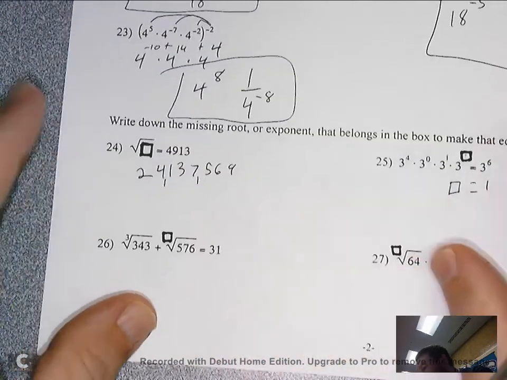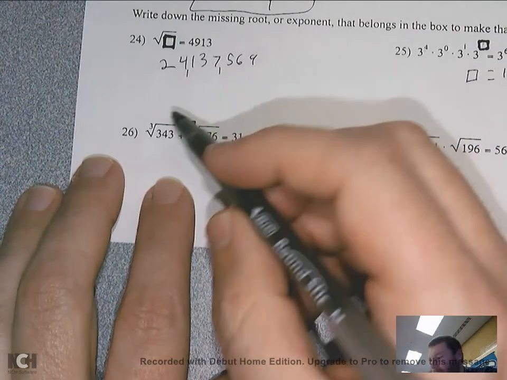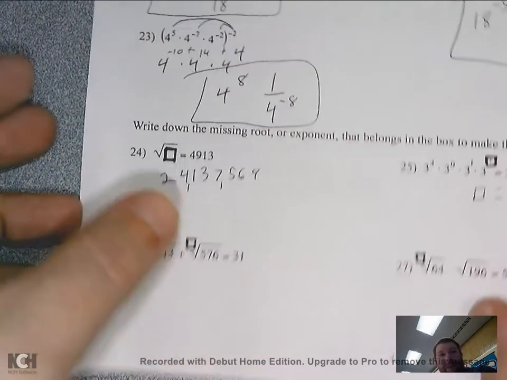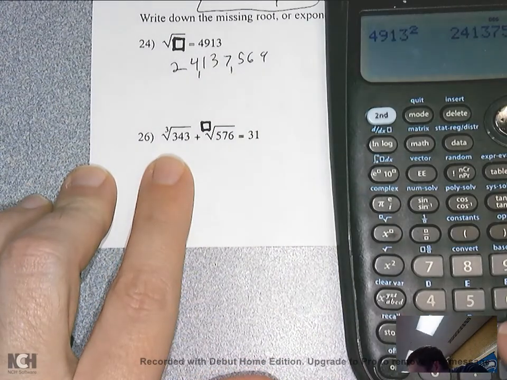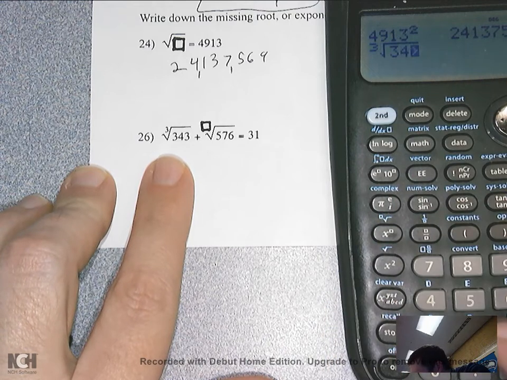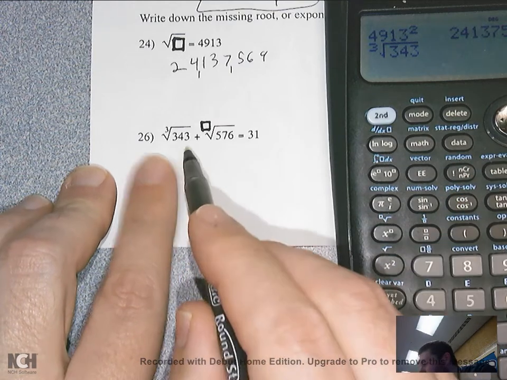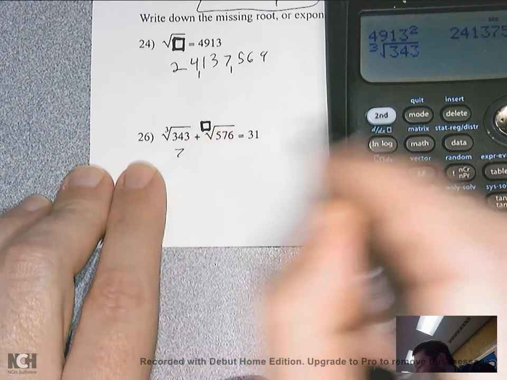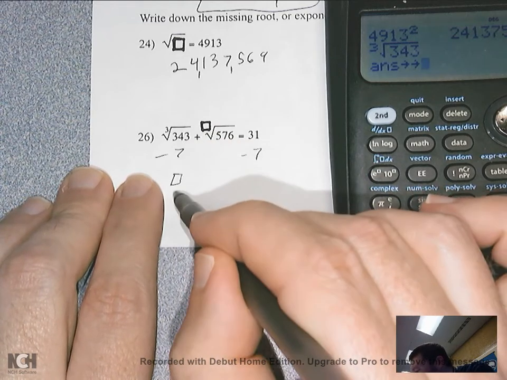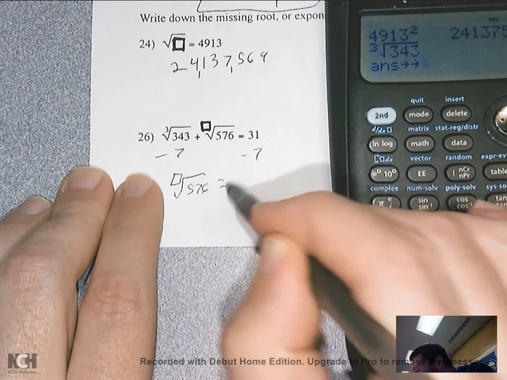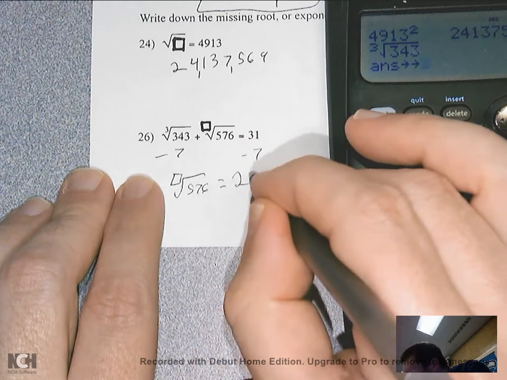Then, this one we are missing which kind of root it is. Is it a square root or a cube root? Well, to figure out what it is, we're going to find the cube root of 343. So cube root of 343 is 7, right? So now we're going to minus the 7 from each side, so minus 7. And that's going to leave me with some kind of root of 576 is equal to 31 minus 7, which would be 24.